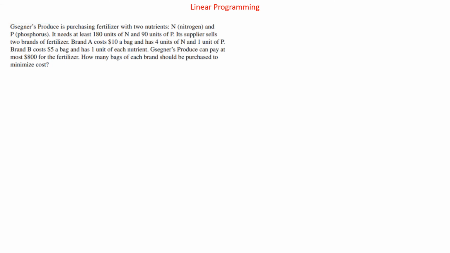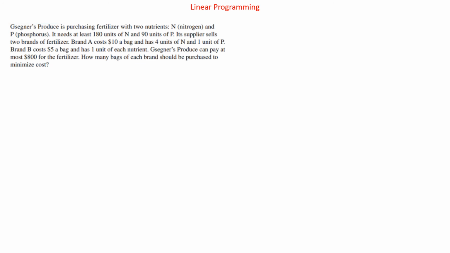Brand A costs $10 a bag and has 4 units of nitrogen and 1 unit of phosphorus. Brand B costs $5 a bag and has 1 unit of each nutrient. The produce can pay at most $800 for fertilizer. How many bags of each brand should be purchased to minimize cost?